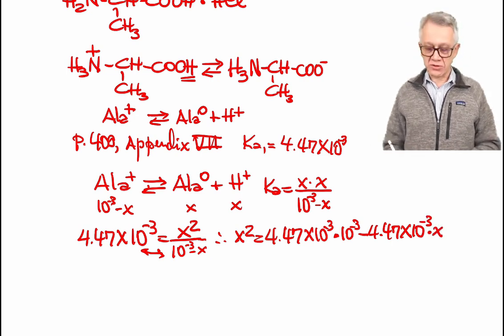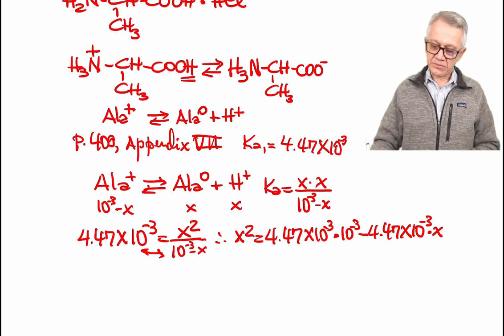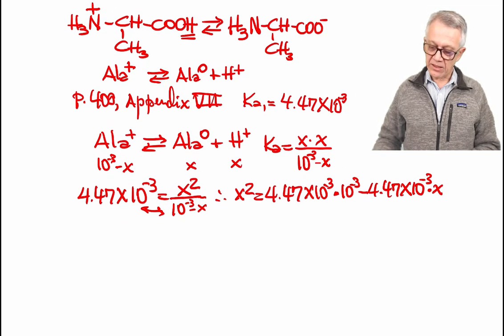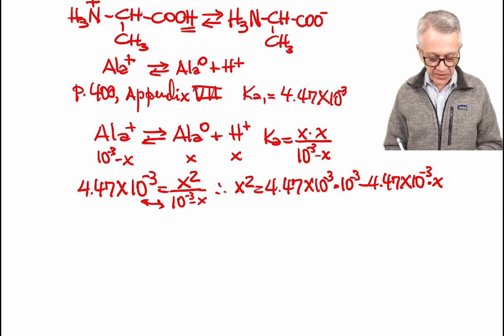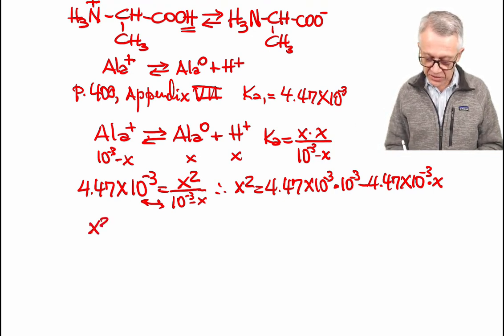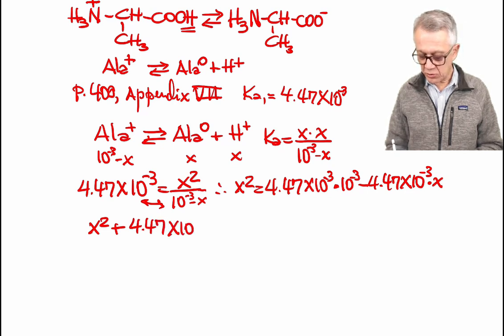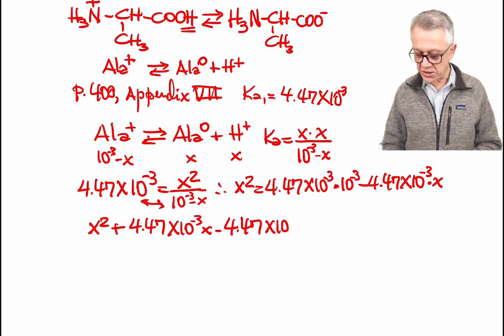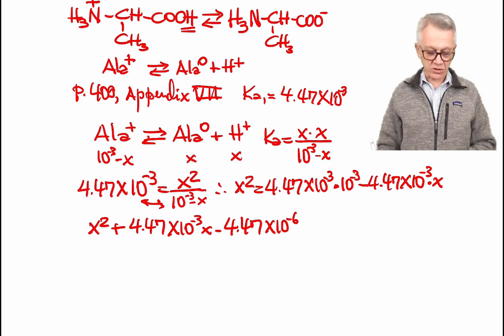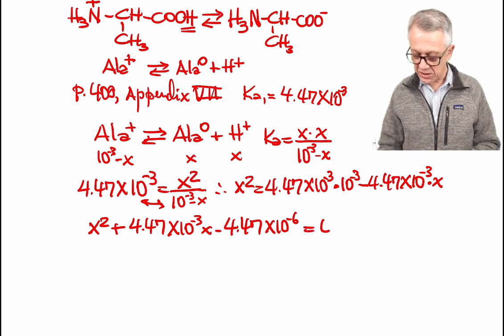I put all the terms in the same place and get a little more room for writing. So we're going to have all terms together: x squared plus 4.47 times 10 to minus 3 x minus 4.47 times 10 to minus 6, that is 10 to minus 3 times 10 to minus 3, so 10 to minus 6, equals 0.